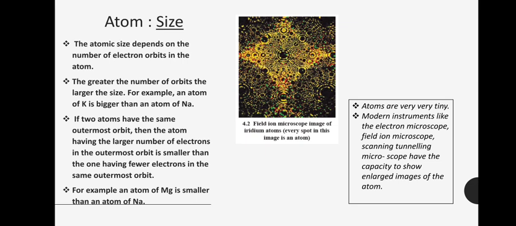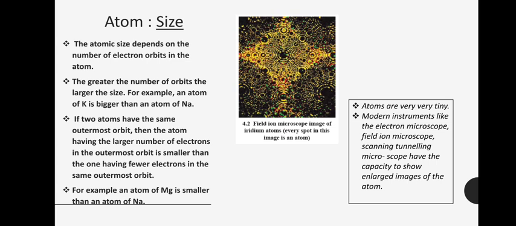If you compare the subatomic particles like protons, neutrons and electrons, they will be extremely small as compared to the atoms themselves. Correct? So we use modern instruments like the electron microscope, field ion microscope, and scanning tunneling microscope to enlarge these images of the atoms so that atoms can be observed properly.